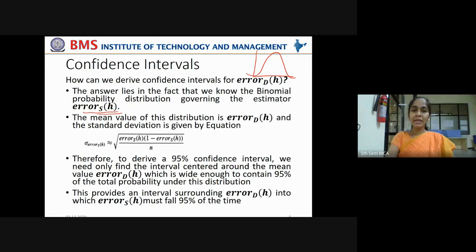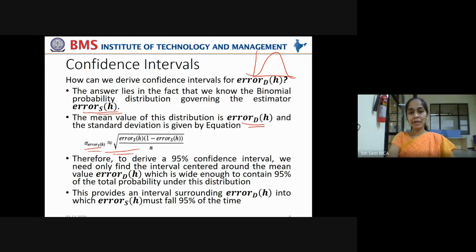Right? So the mean value of this distribution is true error. The mean value of this binomial distribution is the true error, and the standard deviation is given by the equation. This we have derived in the last class. You remember the standard deviation of the sample error. How do you calculate that?